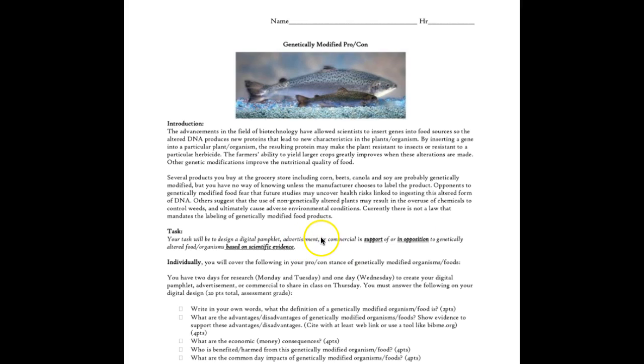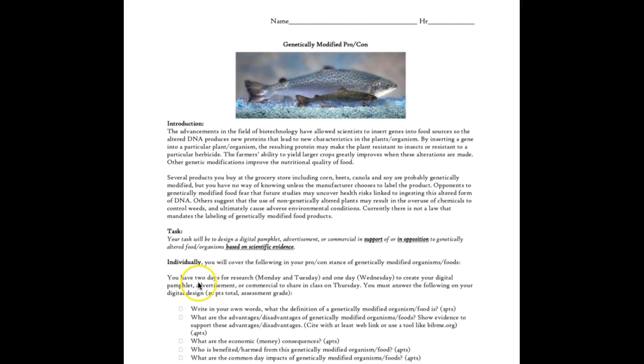You may make an advertisement or commercial, but regardless of what tool you use, and you are working individually, you are going to decide if you are in support or in opposition to GMOs regarding food or even organisms. And the important key here is that this is based on scientific evidence.